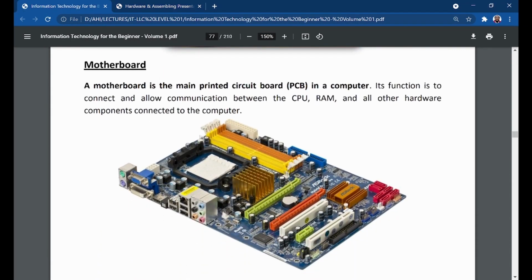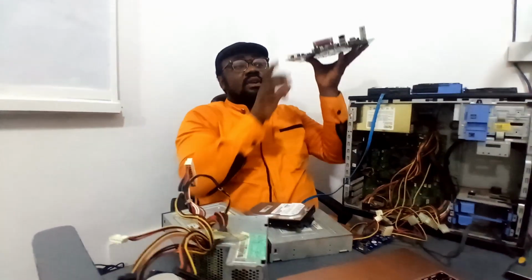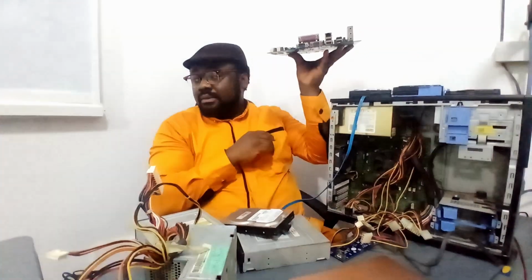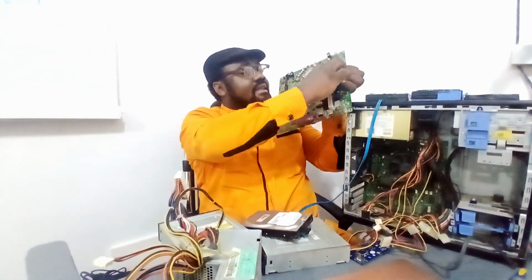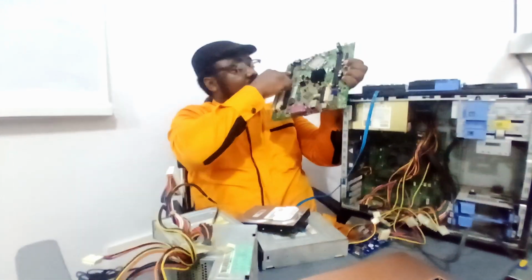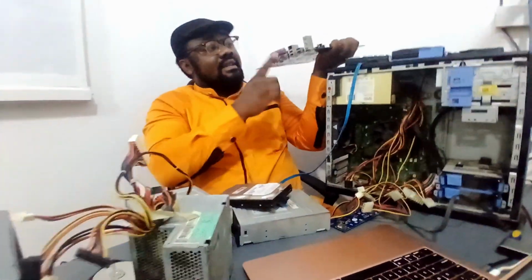Next time we will take the motherboard and we will go into details a little bit, and we'll talk about the motherboard, what it does. We'll talk about the various components here, what each one does.